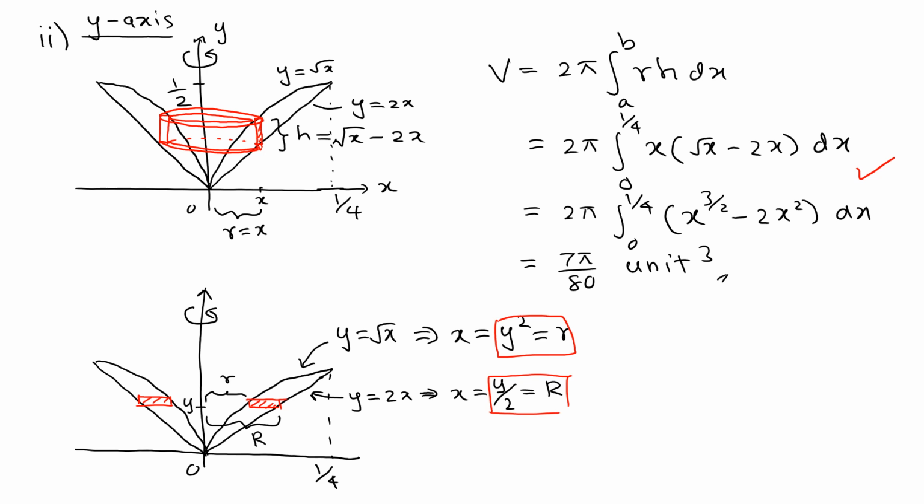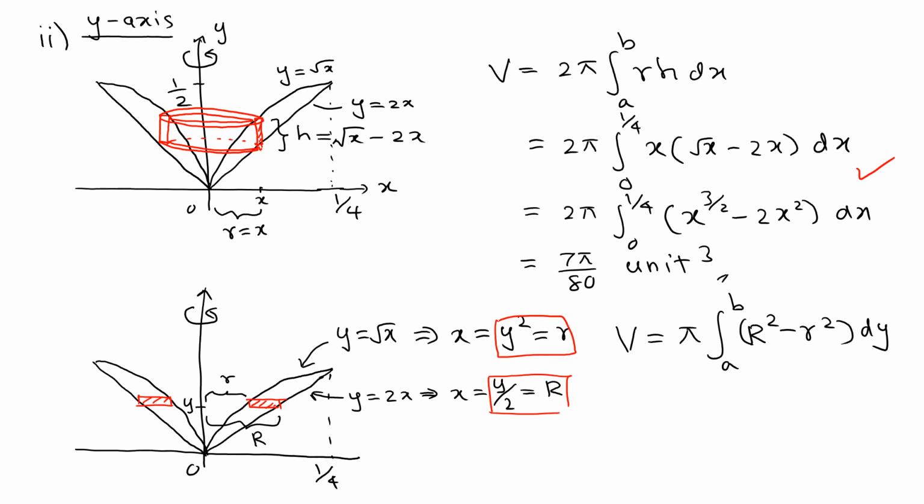Now we can plug into the formula. This is the washer method formula. V equals pi, integral from a to b, large R squared minus small r squared, dy. It's a dy problem. Why dy? Because the thickness is dy. So let's plug in.